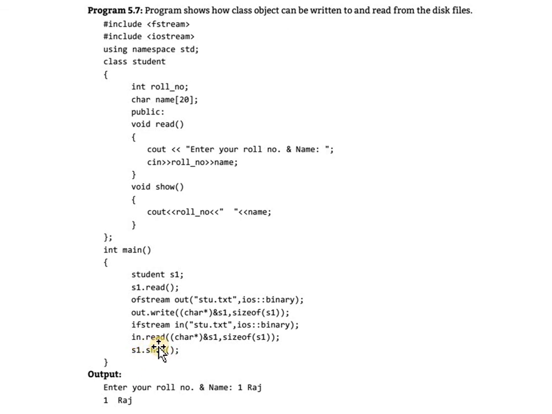So after you execute this program, you will get the output: first it will display enter roll number and name. While you are entering a name and roll number, the object's contents are copied byte by byte, and again by using the ofstream and ifstream functions the contents of the object are read and written byte by byte, and again displayed byte by byte.